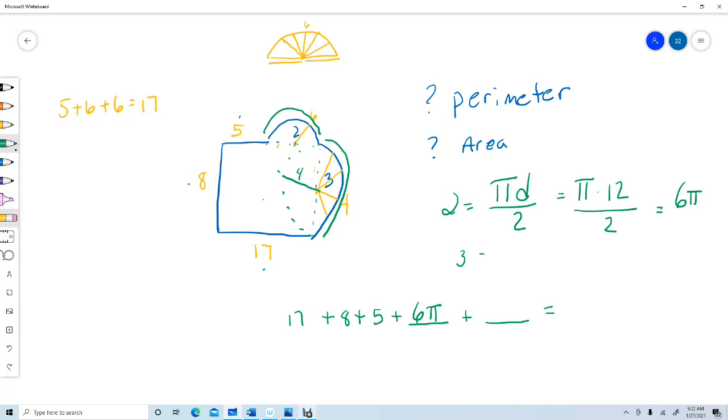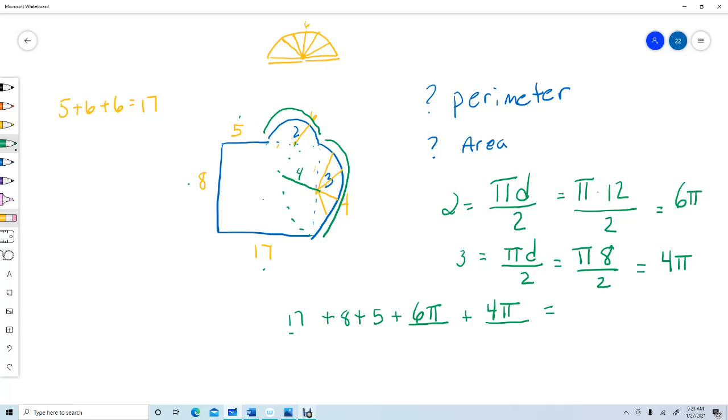So for my arc number 3, it's pi times the diameter divided by 2, and that's pi times 8 over 2. I can divide 8 by 2, and I get 4, and I'm going to flip pi to the other side there. That's kind of standard notation. So I am okay if you leave this in terms of pi.